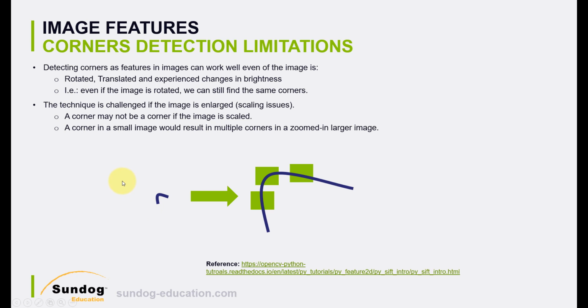That's why we don't rely directly on just corner detection. We use a mix of features: colors, HOG features, or histogram of oriented gradients, Harris corner detection, and Canny edge detection, mixing them together to come up with features that we can use to train a classifier for object detection.